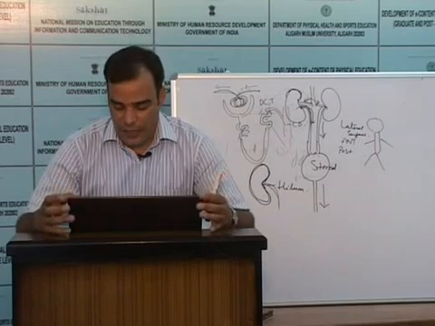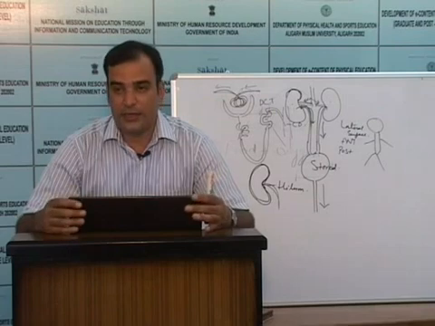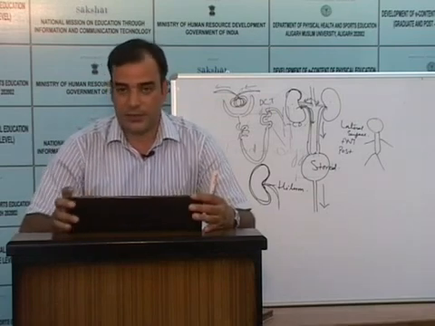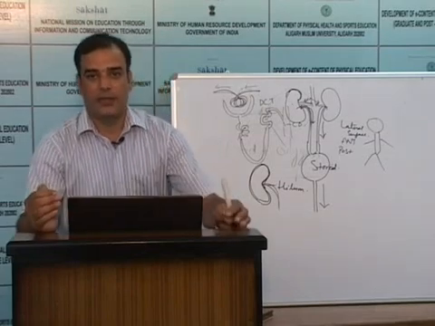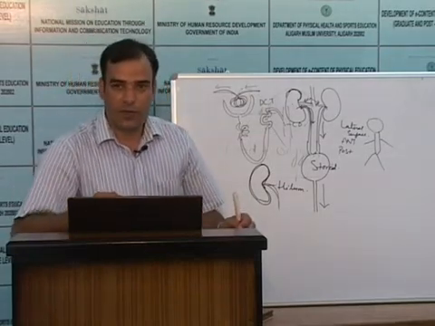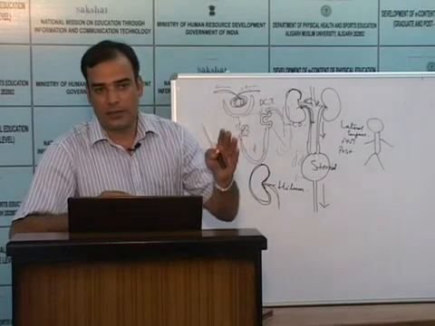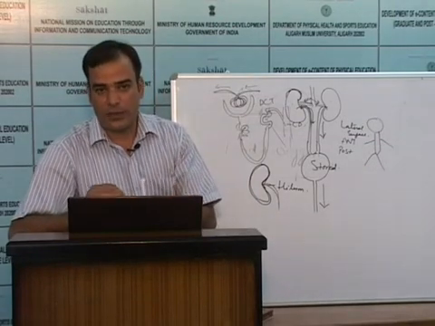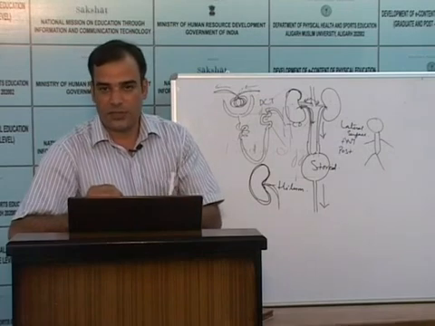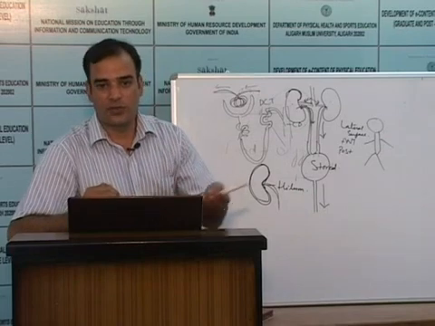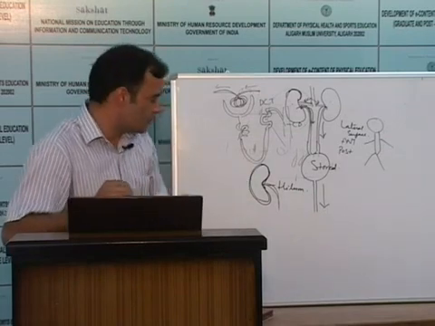But if we try to understand in a very simple fashion how the urine is formed, what actually happens is that the blood enters the kidneys where it is filtered, and what are the waste products are excreted in the urine, and what is useful is retained in the body.